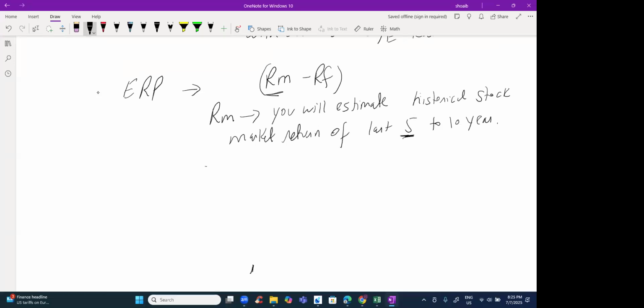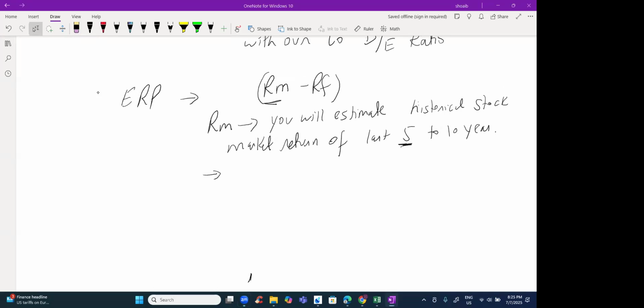Okay. There are many websites where equity risk premium is available, already calculated. Bloomberg. On Bloomberg, equity risk premium is already calculated. RF is the risk-free rate. How to calculate RM? Either you can find it from many websites, or you can take the historical stock market return of the last 5 or 10 years.